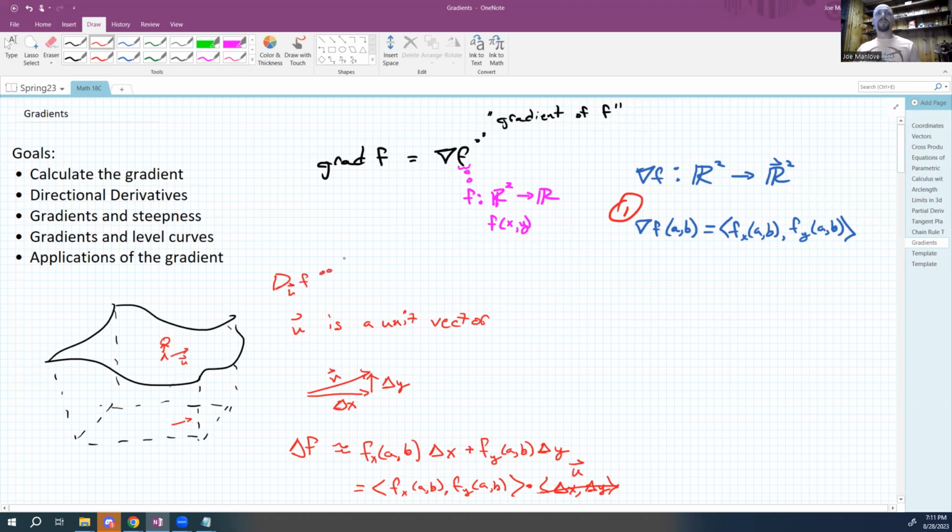I'm thinking about this as the rate of change of f in the direction u. Okay, cool. Bonus concept. We made up a new thing.